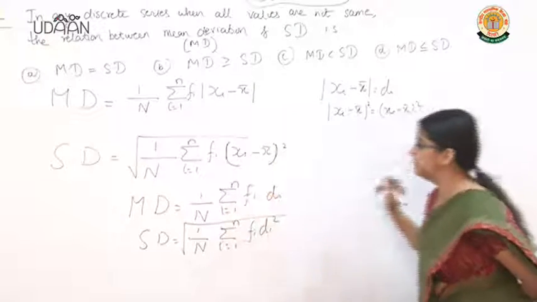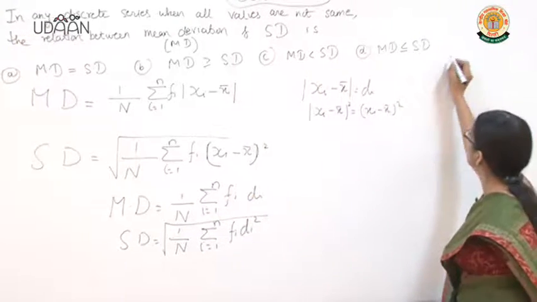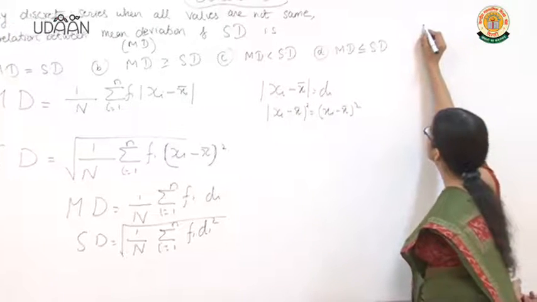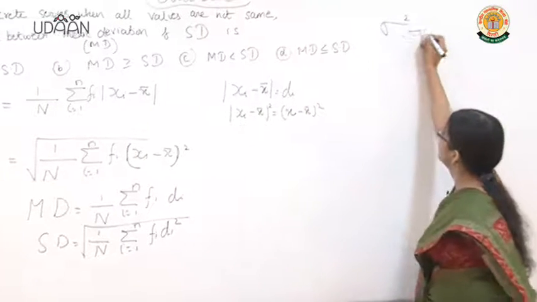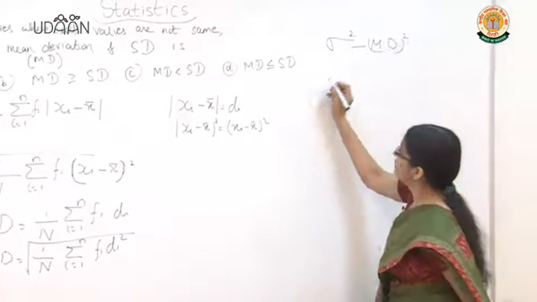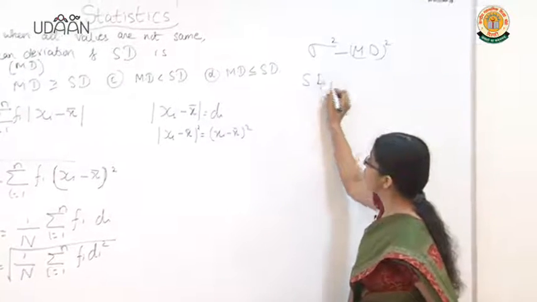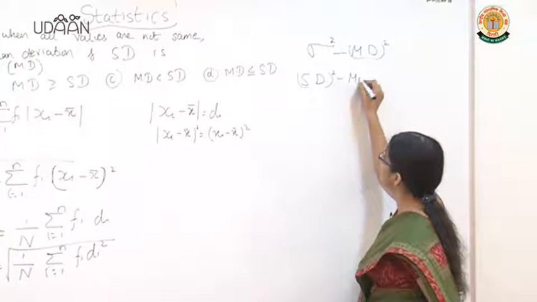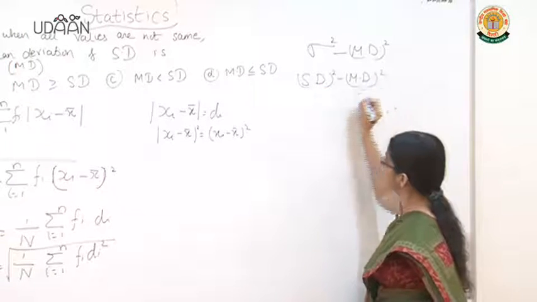I need to find a relation between mean deviation and standard deviation. We have the formula for mean deviation and standard deviation. So, let us find sigma square minus mean deviation square. Sigma square means standard deviation square minus mean deviation whole square.